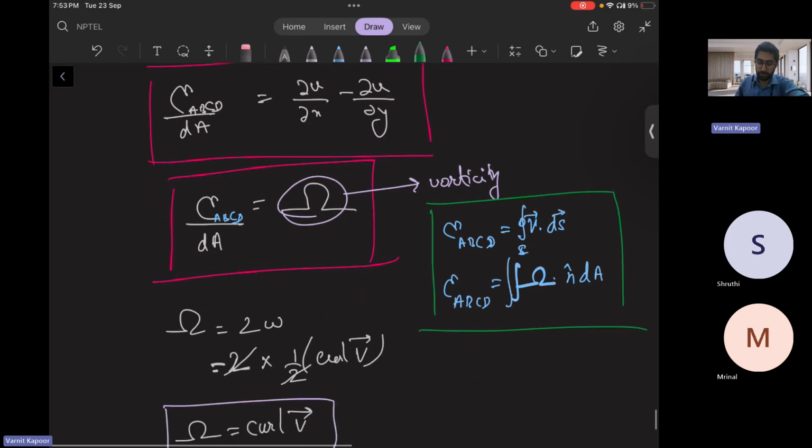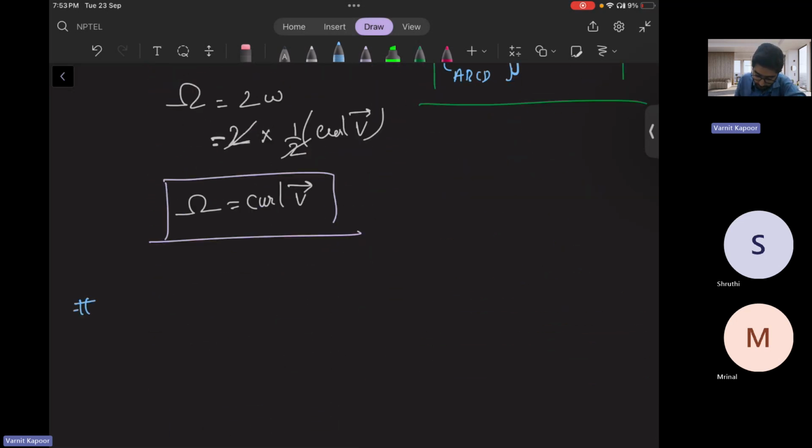So I'll write the definition of vorticity here.